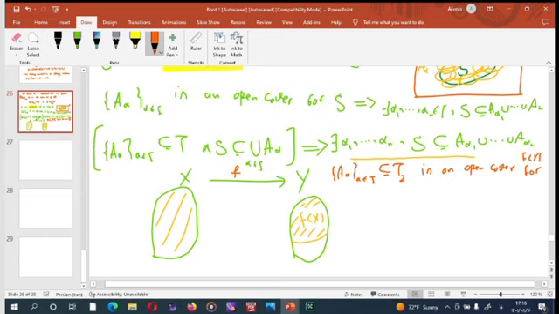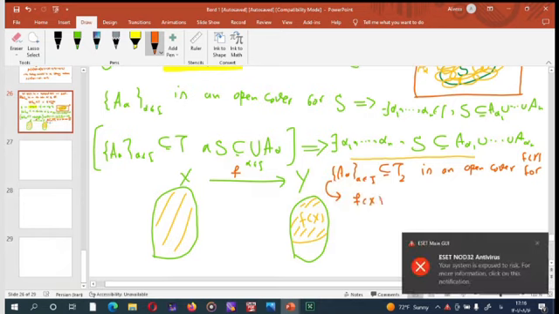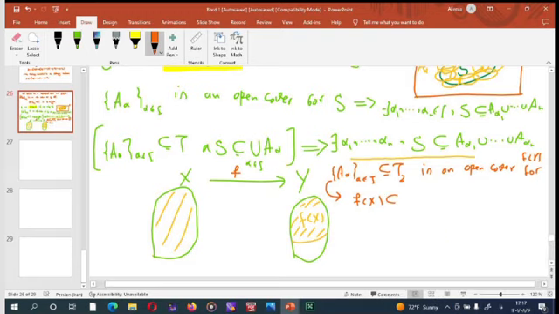Then f of X is a subset of this union by the definition of open cover, and this implies that f inverse of f of X is a subset of f inverse of this union, okay.